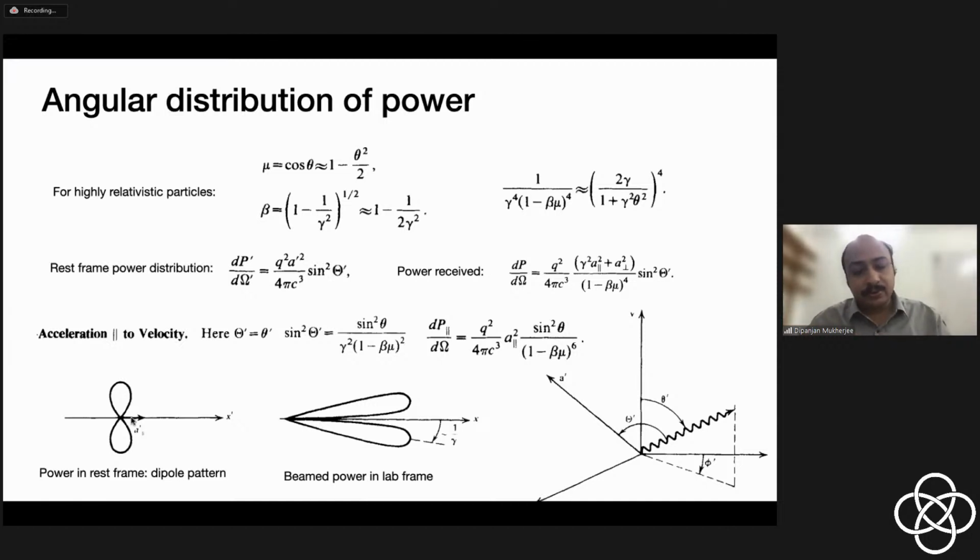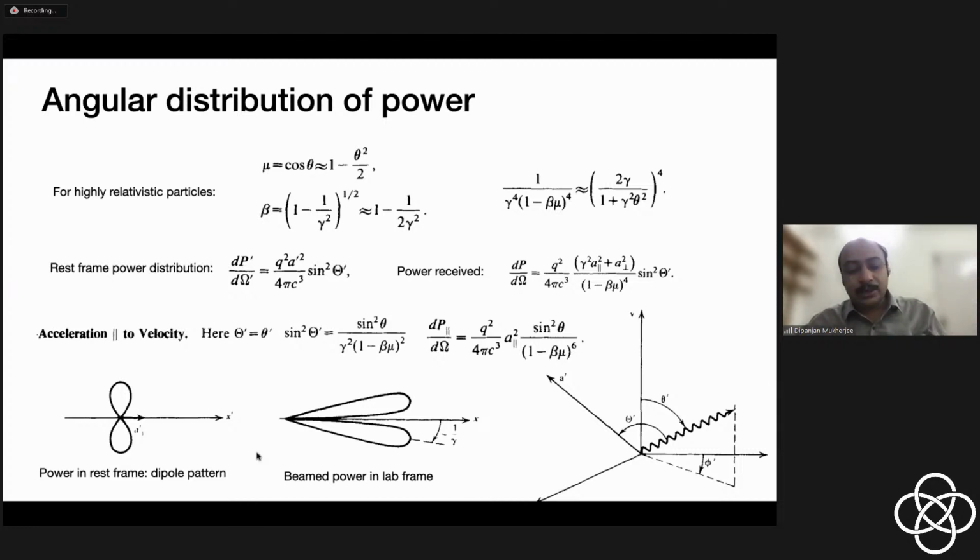Just before, I showed that in a non-relativistic system, the emission occurs in a dipole pattern where if your line of sight is along the particle, you do not see anything, but if your line of sight is perpendicular to the motion of the particle, you see the maximum emission. Now, suppose this is the emission in the rest frame of the particle. If you do a relativistic transformation, these lobes of the dipole will actually be beamed along the motion of the particle itself. And the center of this beam is at an angle of 1 by gamma.